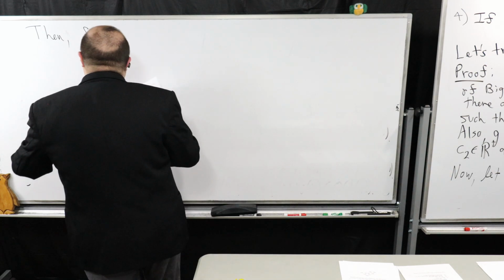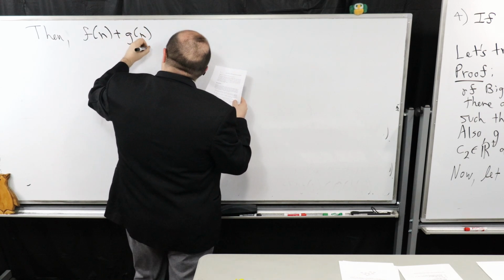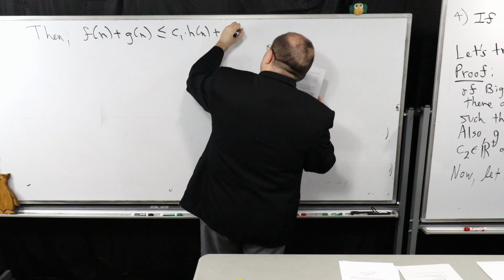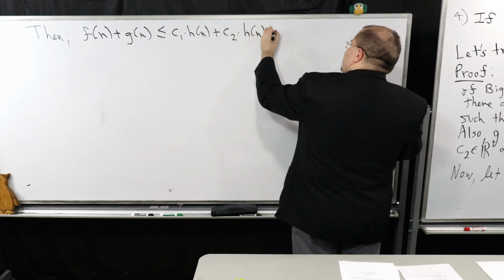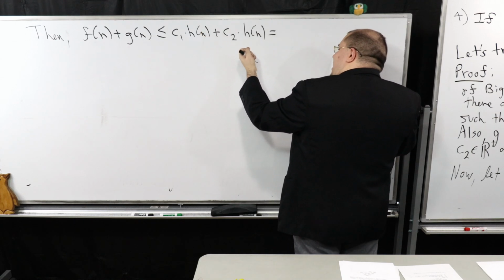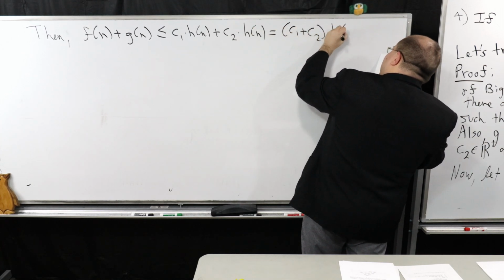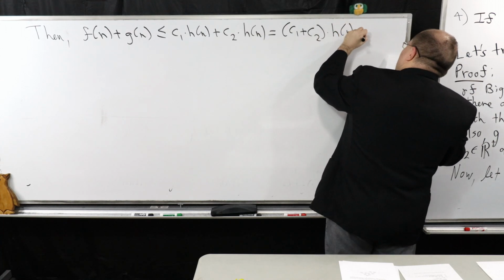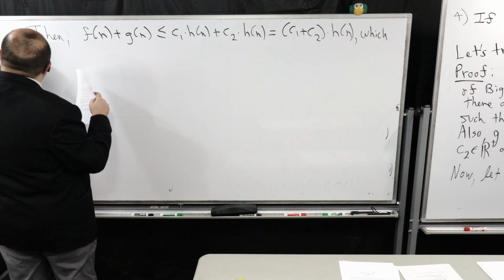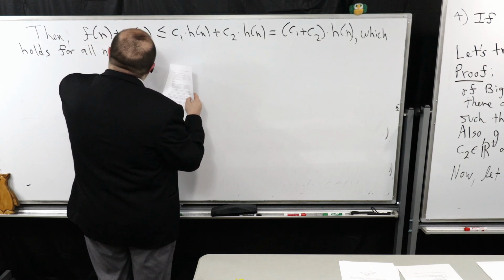So then, f of n plus g of n is less than or equal to c1 times h of n plus c2 times h of n. If I notice that both of these are h of n terms, I'm going to take h of n together. So I'm going to have c1 plus c2 times h of n, which holds because of my selection of n0, which holds for all n greater or equal to n0, because I picked n0 to be big enough.